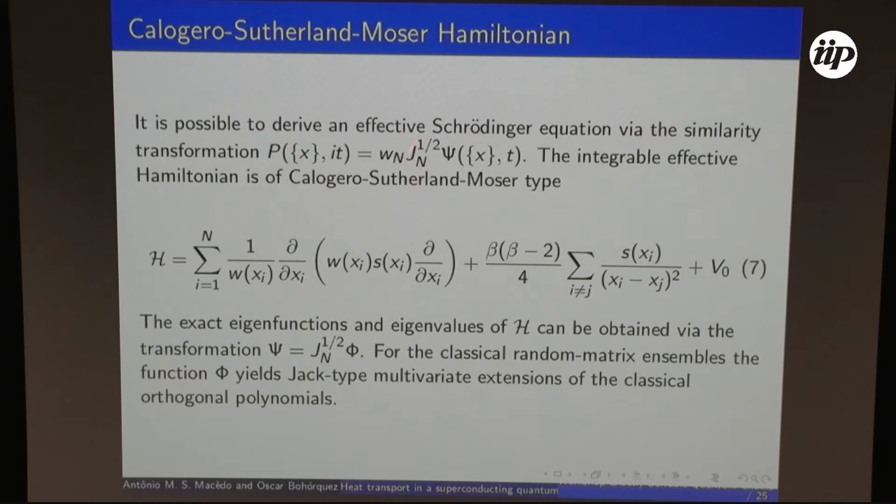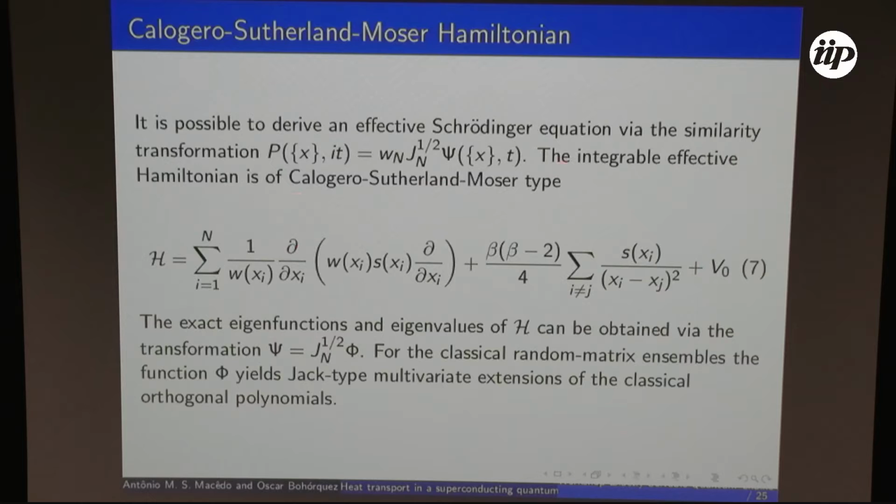But then you use the Jacobian and this weight function to make these transformations where now psi is going to, this is where integrability is going to come into the problem. You get a Hamiltonian problem. Now it's Hermitian. The Fokker-Planck operator is non-Hermitian. So you transform it. Essentially, it's a technique to transform a non-Hermitian into a Hermitian problem.